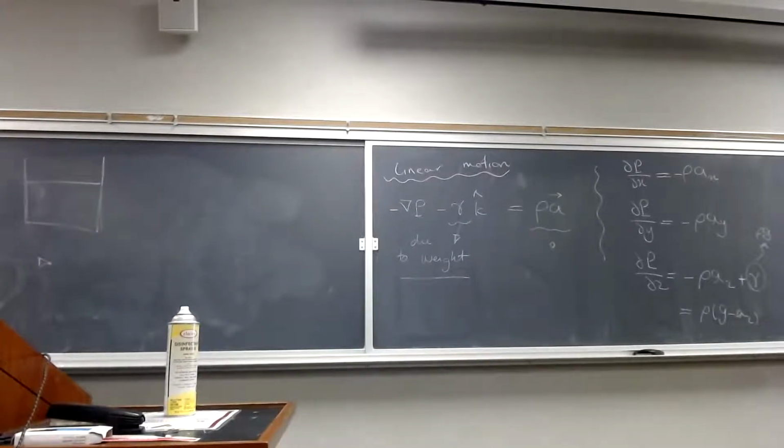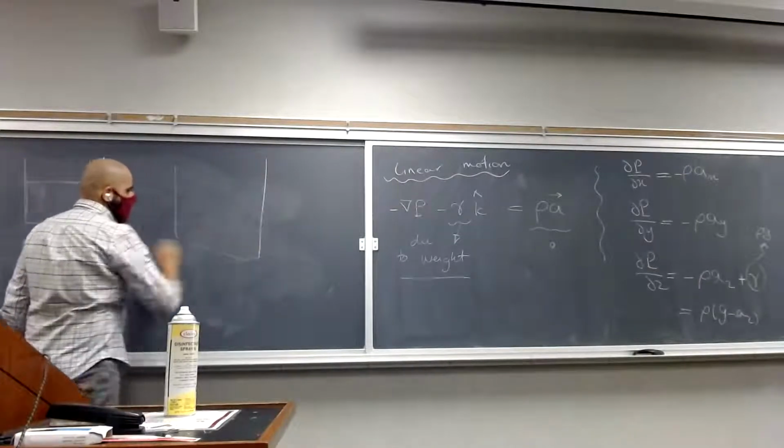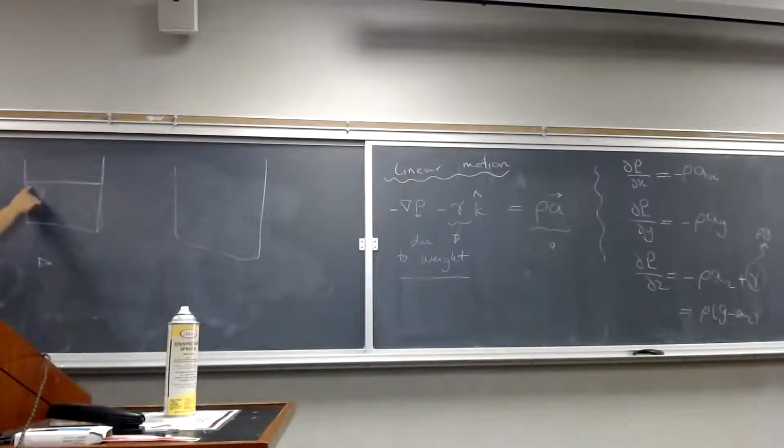Your coordinate system looks like this. This is going to be your y direction. It's going to be your x, and this is going to be your z direction. How would the fluid look when you start moving it? How would this free surface change?